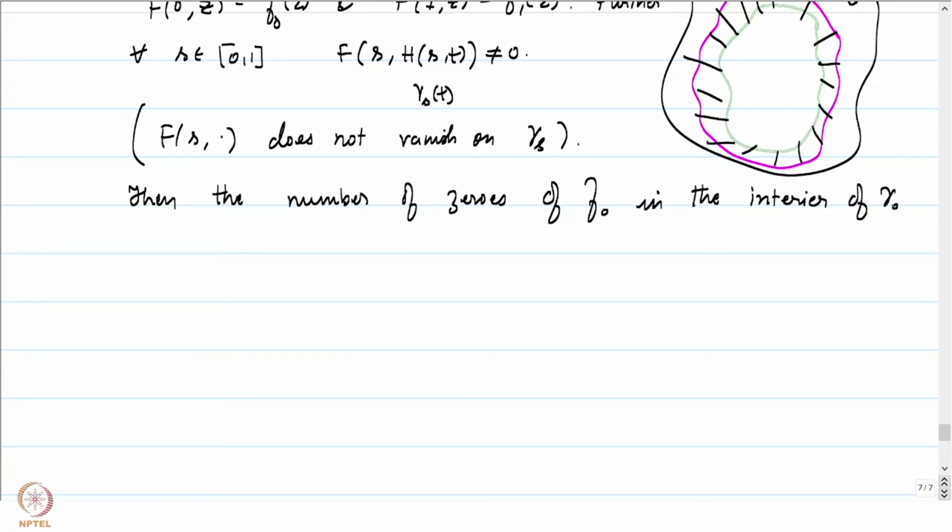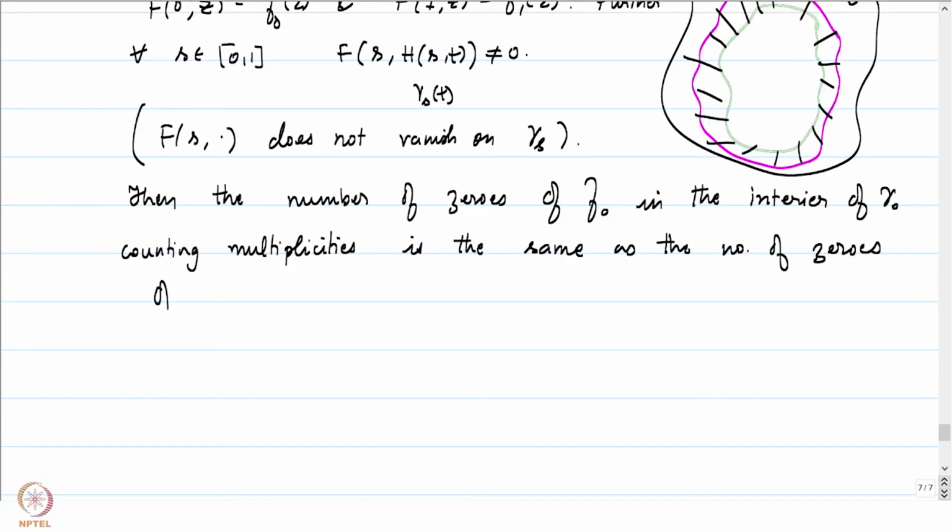So, when I say interior of gamma 0, one can think of the interior of the image of the homotopy which takes gamma 0 to the constant path. The number of zeros of f0 in the interior, counting multiplicities, is the same as the number of zeros of f1 in the interior of gamma 1.